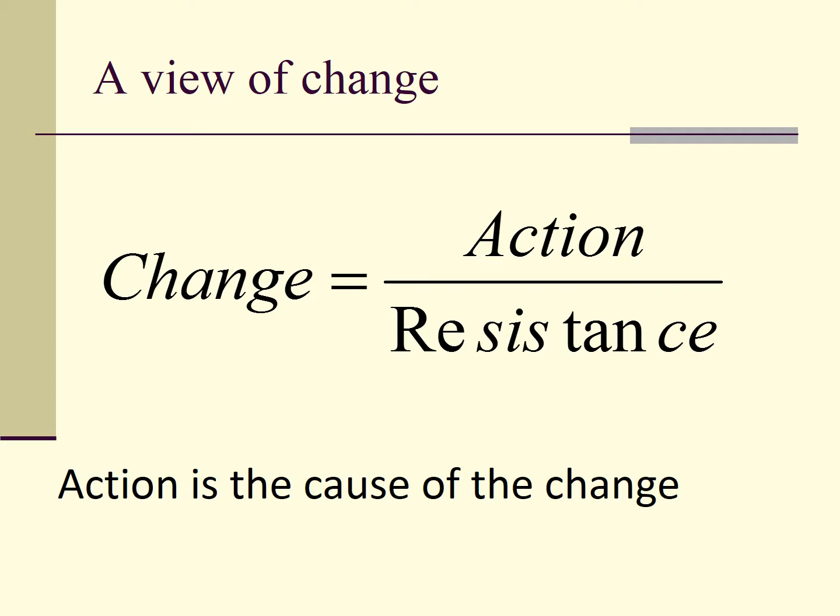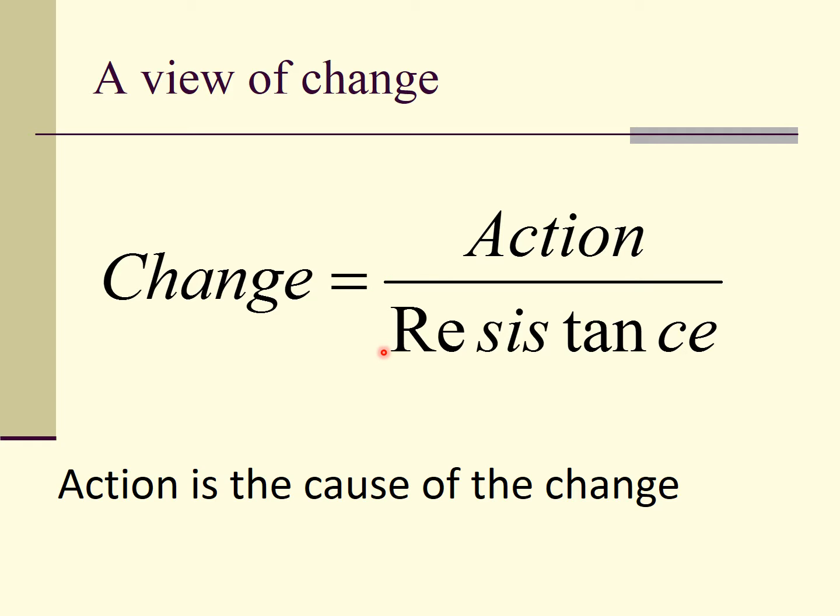A model of change that is very useful talks about the ratio of the action, the thing that is causing the change, to the resistance to that change. So the amount of change can be increased by having a larger action, or decreased by having a smaller action.